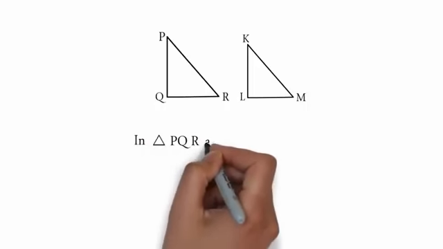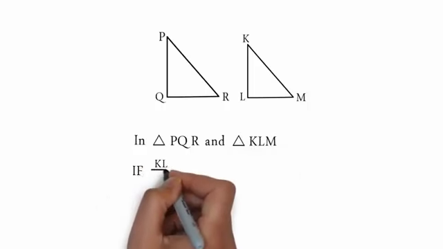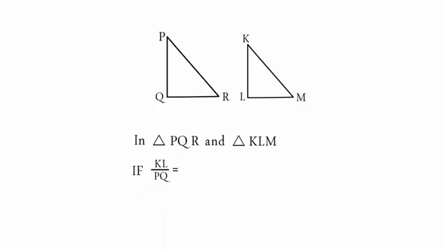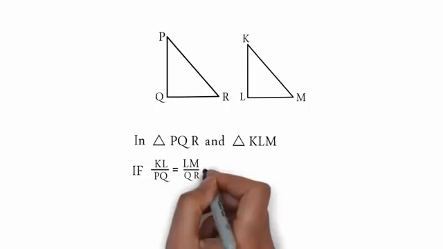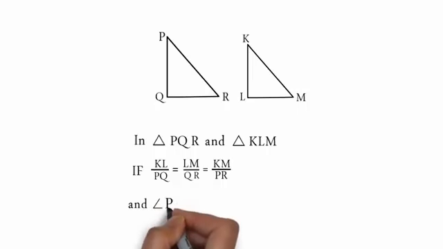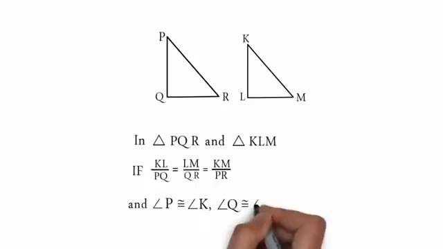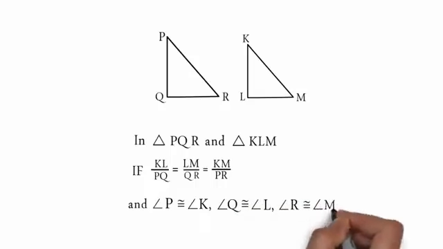In triangle PQR and triangle KLM, if side KL is proportional to side PQ, equal to side LM proportional to side QR, equal to side KM proportional to side PR, and angle P is congruent to angle K, angle Q congruent to angle L, and angle R congruent to angle M, then triangle PQR is similar to triangle KLM.